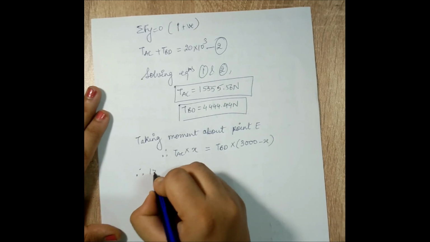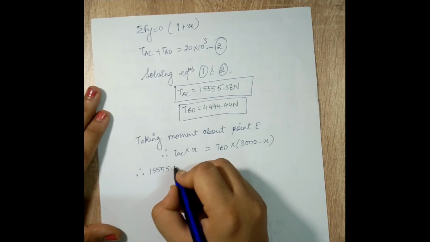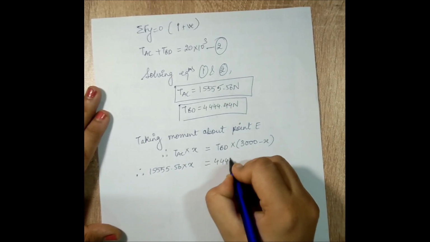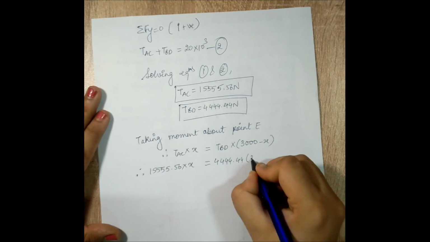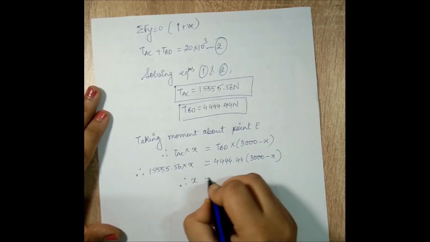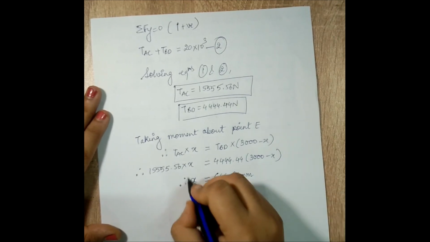So therefore I have 15555.56 into x is equal to 4444.44 into 3000 minus x. I get the value of x as 666.66 mm.